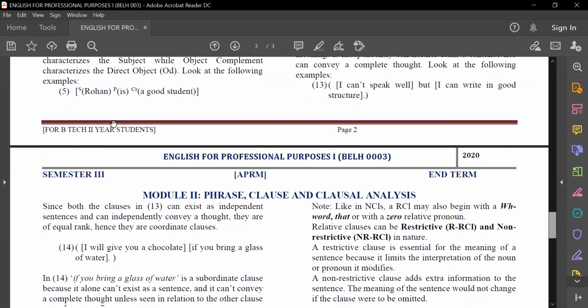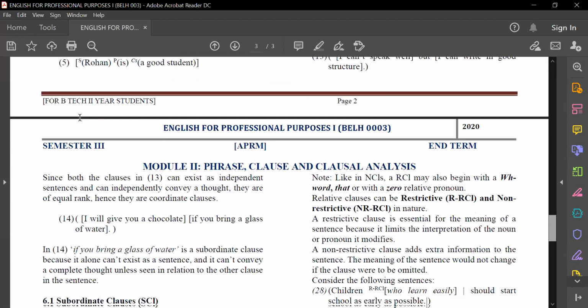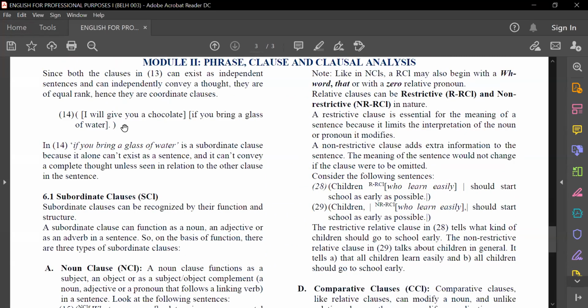Now in 14, we have a construction which gives you an idea about subordination. We have one independent and one dependent clause working. "I'll give you a chocolate" works as the independent one, and "if you bring a glass of water" is working like a dependent one.